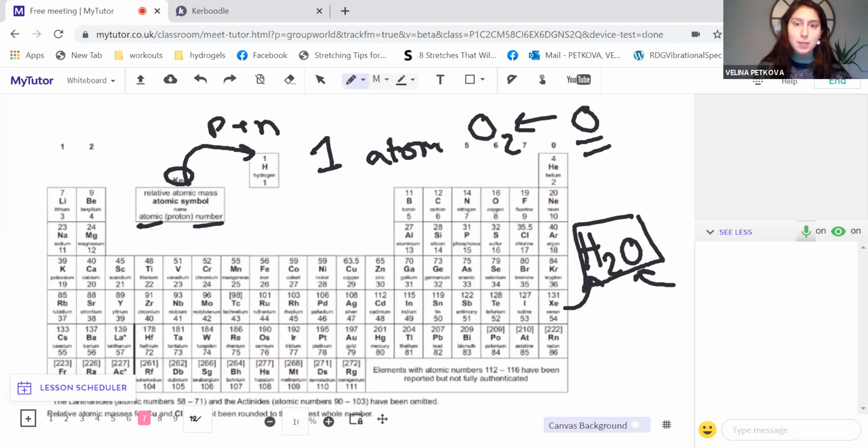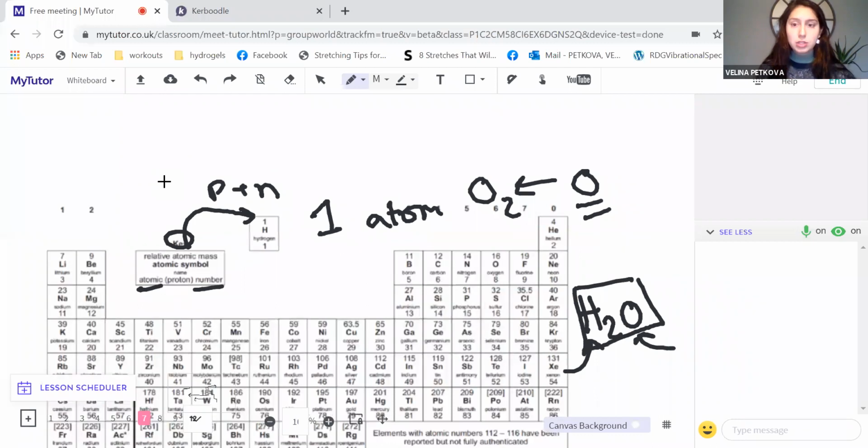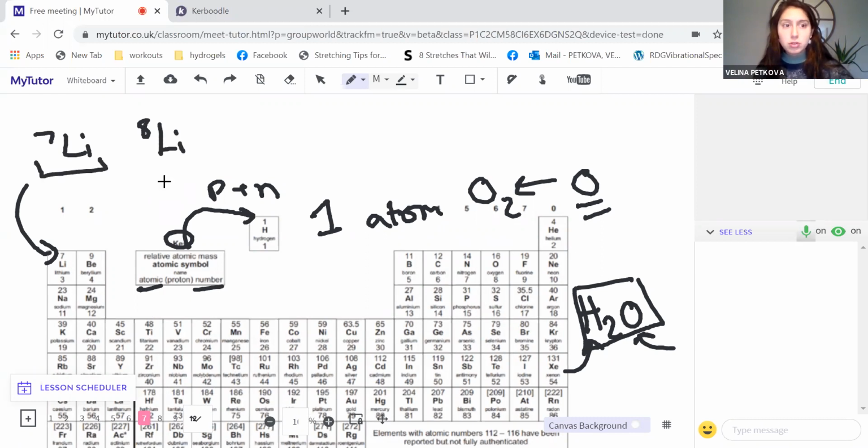So someone has brought up isotopes. What is an isotope? An isotope is the same element, so the same proton number. Let's take lithium, for example. If we have this one here, we've got 7 Li. An isotope would have the same number of protons, but a different number of neutrons. So for 7 Li, how many neutrons do we have?